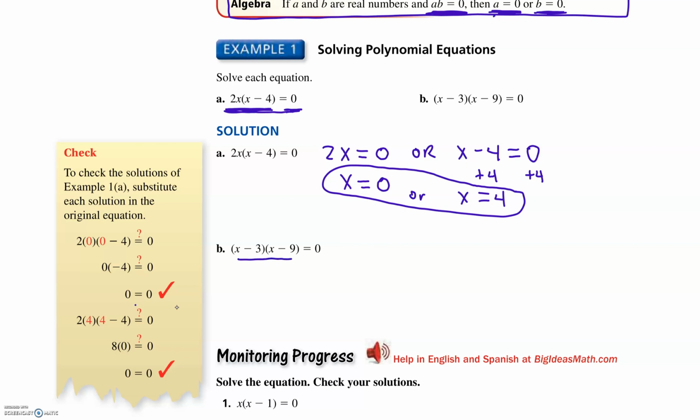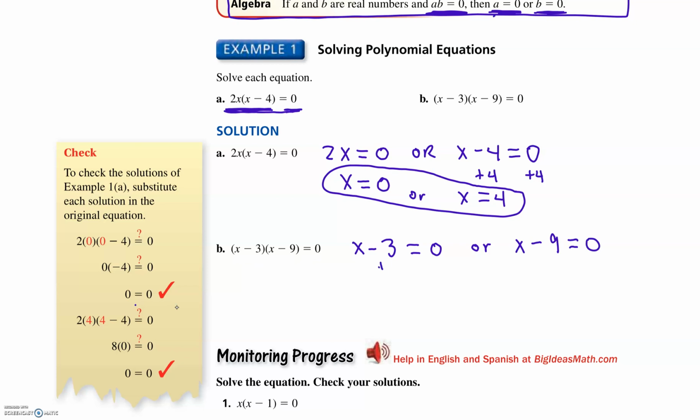So again, we've got a factored form of a polynomial. If we multiplied it out, it would be a quadratic because the x times the x would create an x squared. But it's factored, and the right-hand side is 0, so we can apply the zero product property, which says if the product is 0, either the first factor is 0 or the second factor is 0.